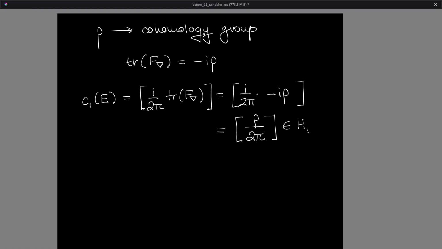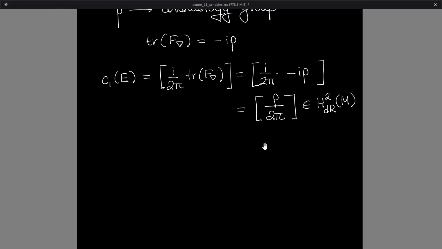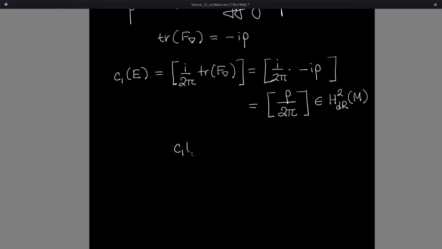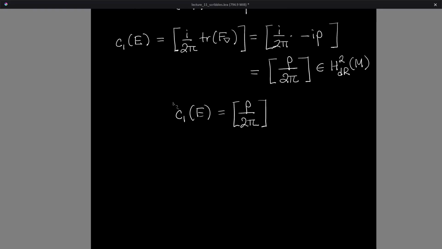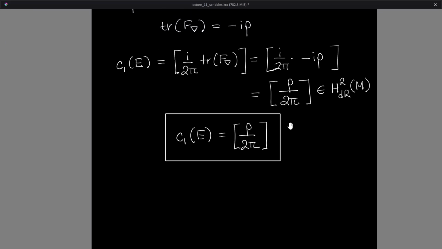This is an element of H2 de Rham of M, the de Rham cohomology class of our complex manifold. That is the neat thing on Kähler manifolds, that the first Chern class is equal to this. That is our third and final result for Kähler manifolds.